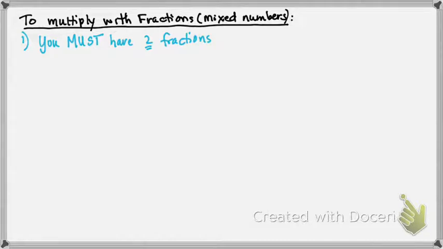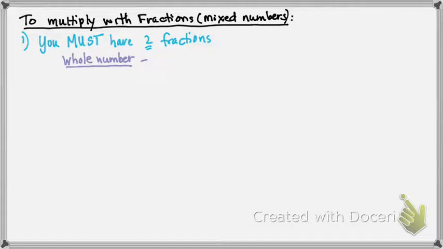Okay, so what if you have a whole number? How do we take a whole number and make it a fraction? It's super simple. What's the only number we can put in a denominator that's not going to change the numerator number? And the answer is 1.